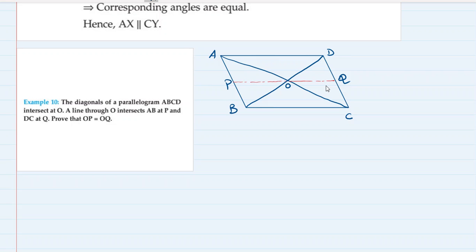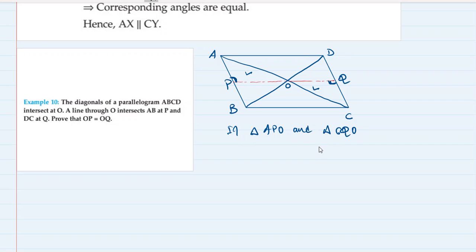Okay, so we have to prove OP is equal to OQ. I think we can use congruency in this. Now see this. We are considering triangle APO and triangle CQO.